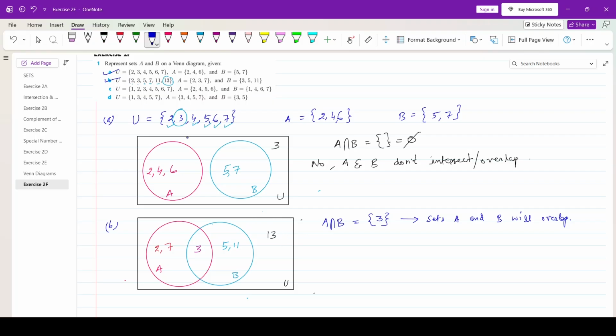This part is also complete. Now part C and D are similar questions, so this is your homework. I'll move on to the next question.